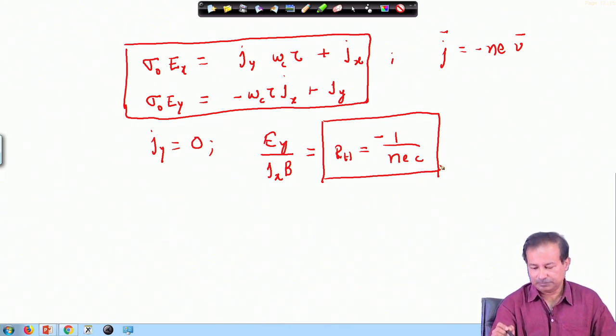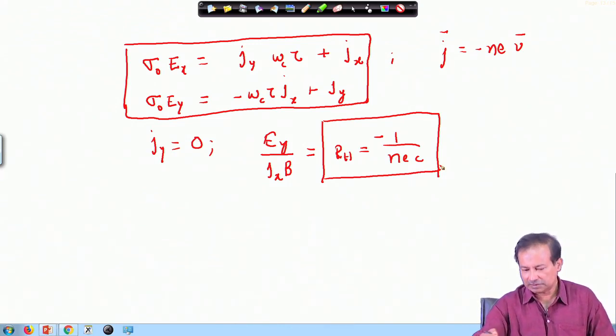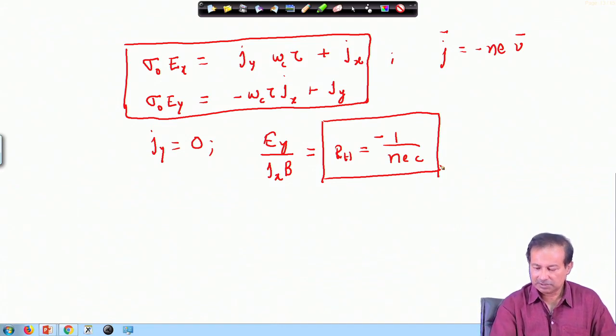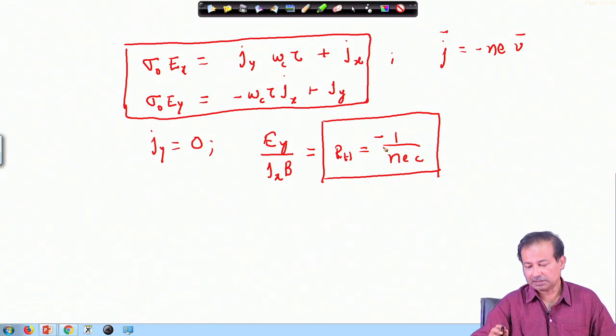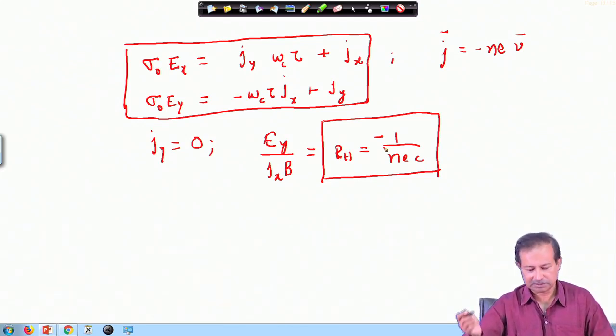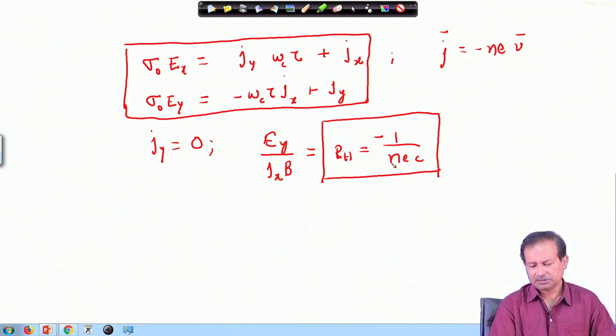So, this minus sign tells me that the carriers here are electrons. If this appears with a positive sign, then what I can assume is that the carriers in the system are of opposite sign to the electrons. That is what happens, for example, when you have holes carrying the current, which we know happens in metals or semiconductors sometimes. So, this relation actually is a celebrated relation.